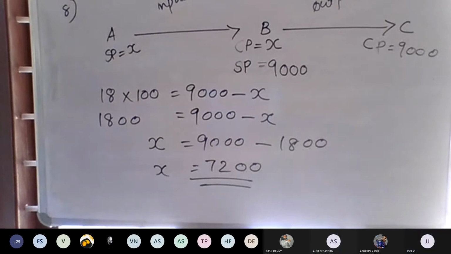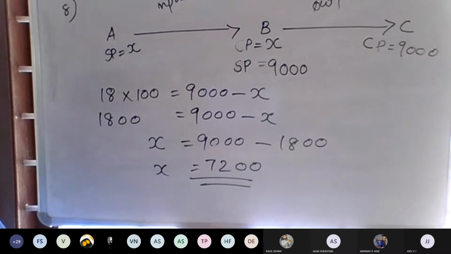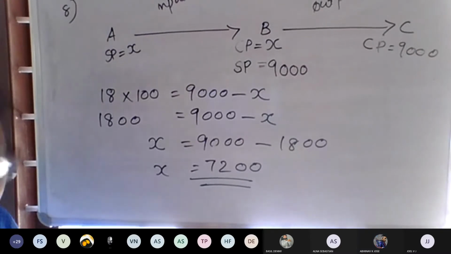7,200. Okay, then what is our question? Find the amount inclusive of GST paid by dealer B. So how can we write?